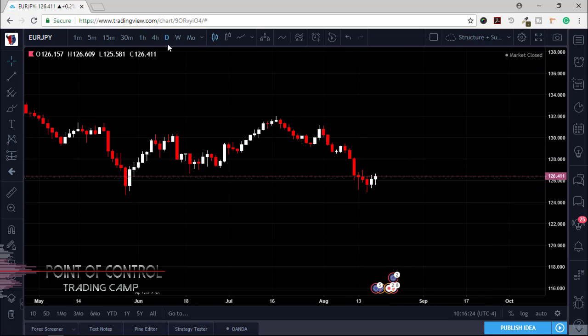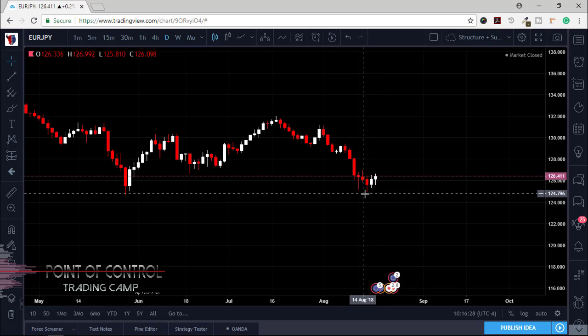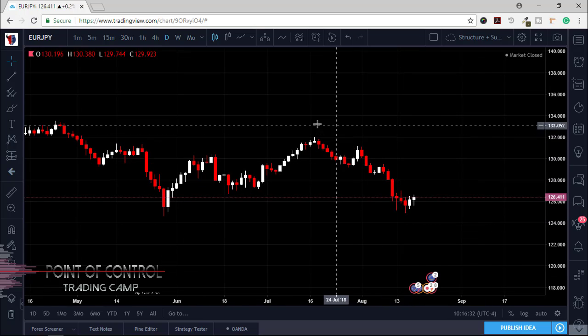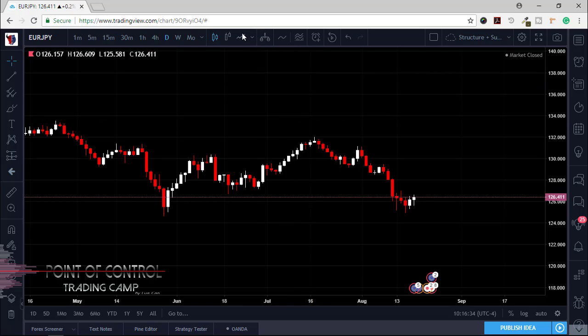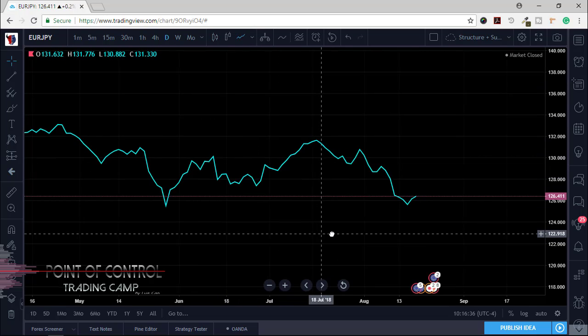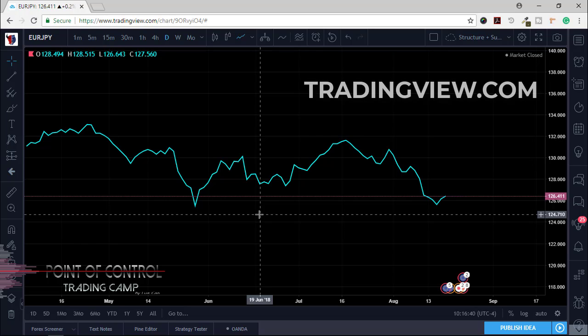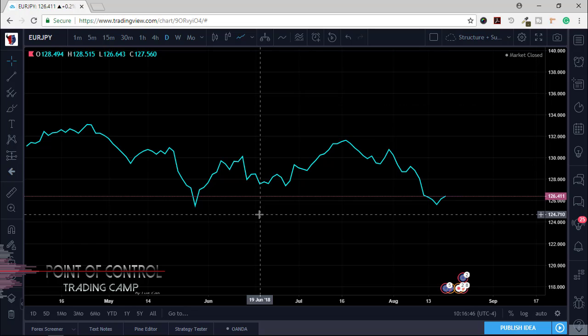So the daily chart will allow you to get that idea on how the market is moving on any given day. Now, going back to the daily, I recommend that you open a TradingView account. Even if you trade from a MetaTrader account or a cTrader platform, it doesn't matter.